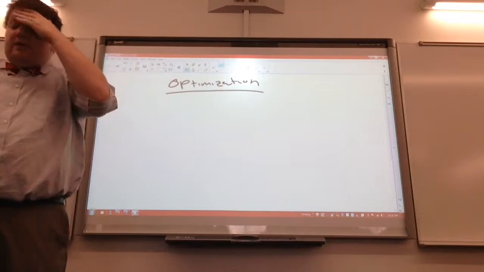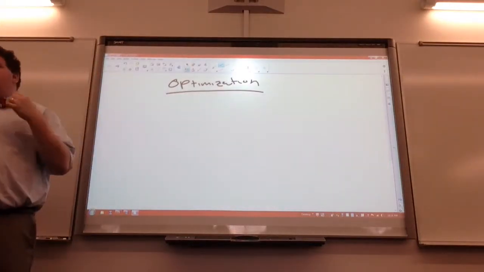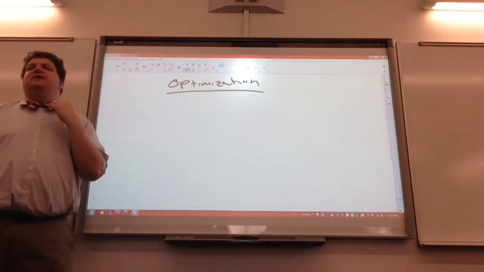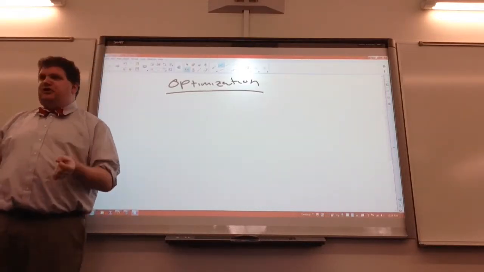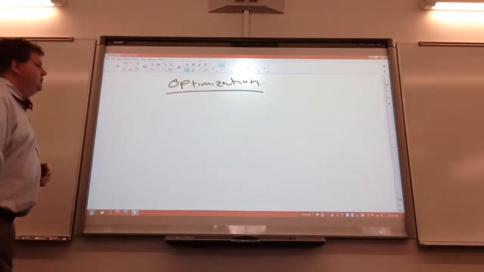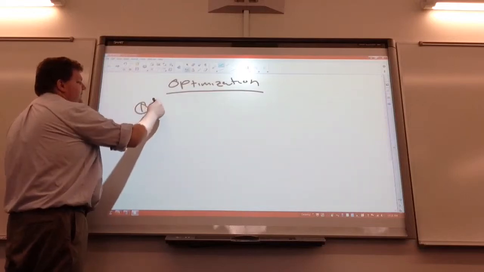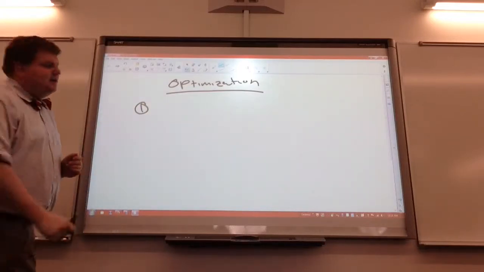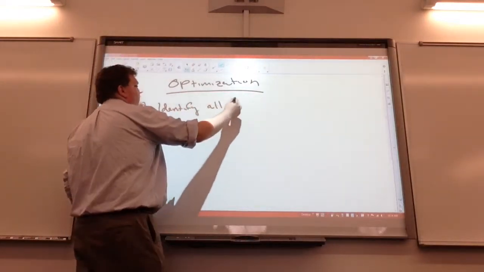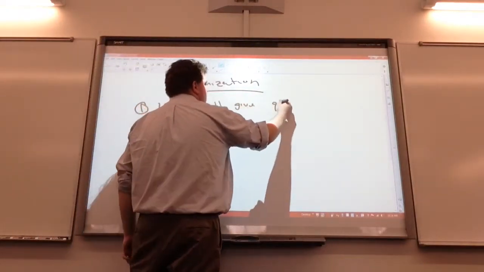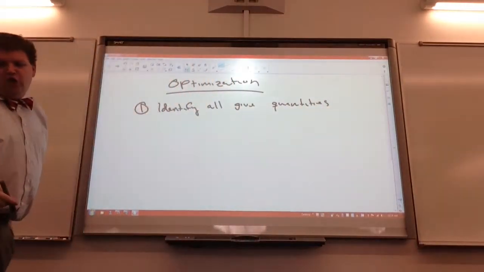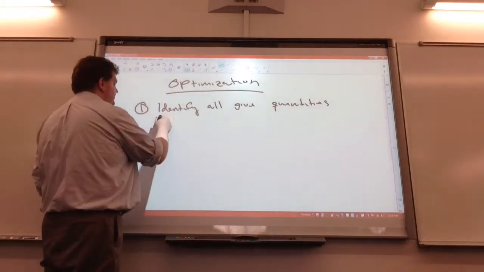Okay, there are some guidelines to follow when doing optimization problems. People find it to be tricky, but it's usually not the calculus which is tricky. It's usually just figuring out exactly what they're after. The guidelines are as follows. First, you want to identify all given quantities, and all quantities to be determined.